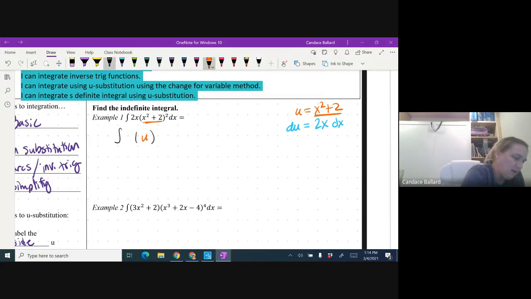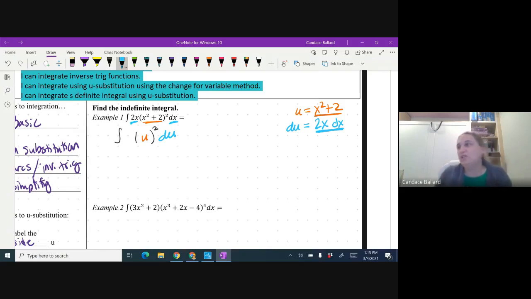We wrote it that way on purpose. But then I can't use dx. I have to get rid of this 2x and this dx. And what do you know? When I took the derivative, I got lucky and both of those things were there. So I am allowed to substitute for 2x dx. I am allowed to put in du.